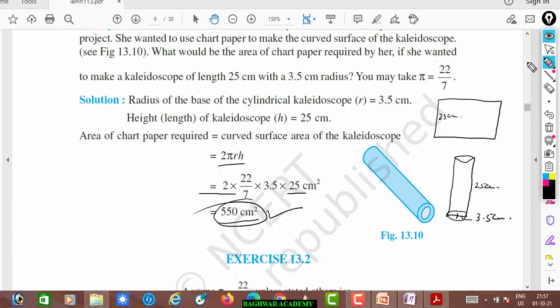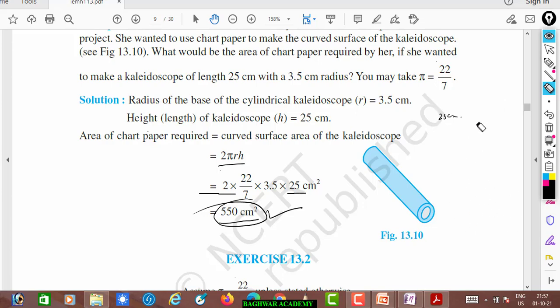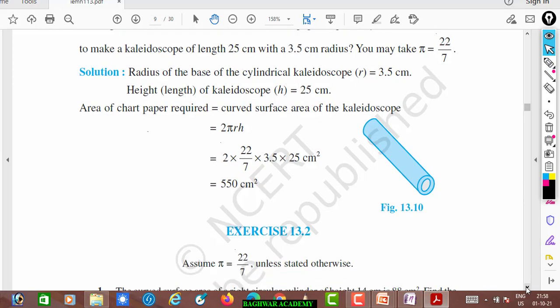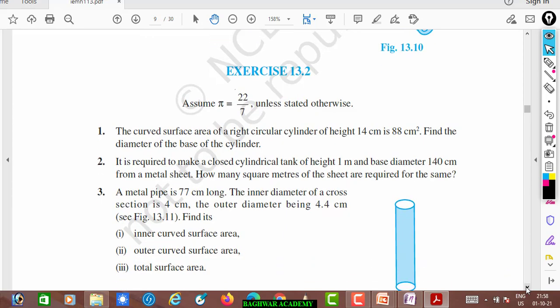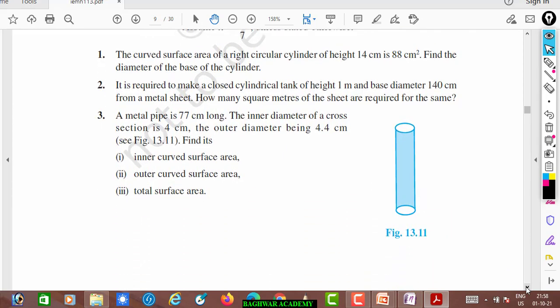So in this way, in R.S. Agrawal, many questions have been given. For example, you need to go through all the examples properly, and then go to the questions. Exercise 13.2 has simple questions. Just try to solve all the questions, otherwise we will see in the next class.